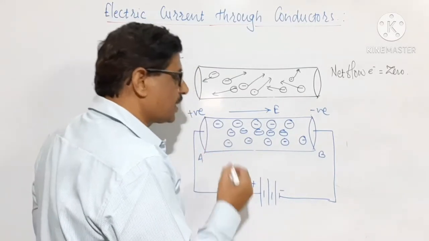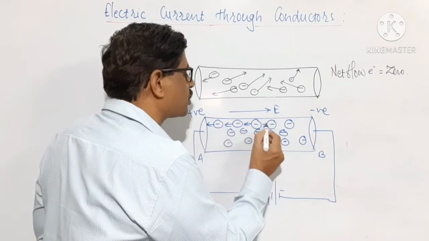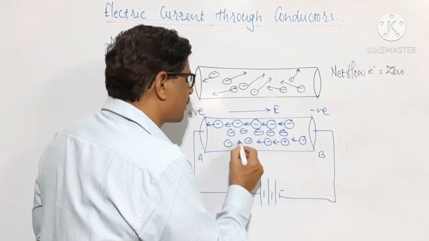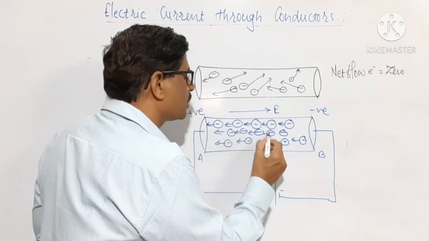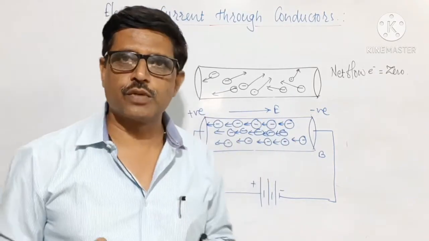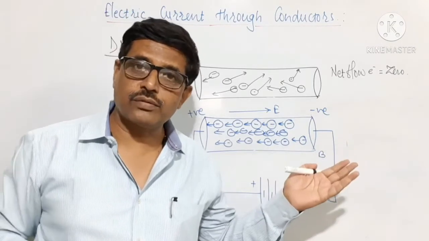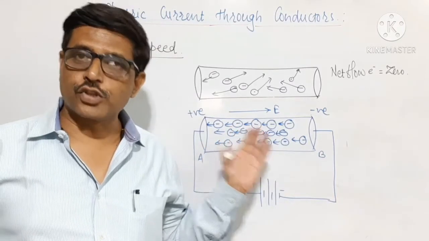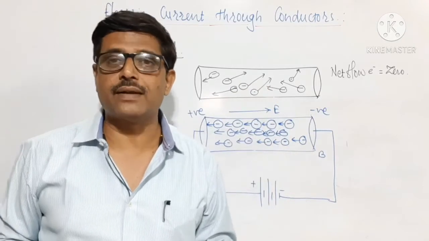Now, as electrons are negatively charged, all the electrons align themselves in the direction opposite to that of the electric field. They are attracted towards the higher potential, that is the positive potential. They are attracted towards the positive of the battery. These electrons drift towards the positive of the battery with a speed that is called the drift speed.